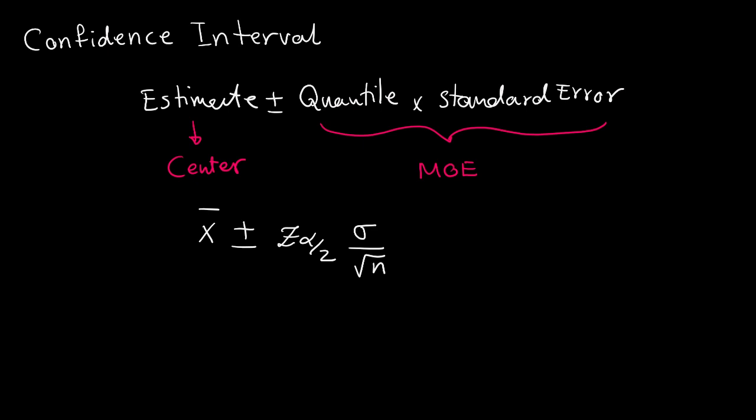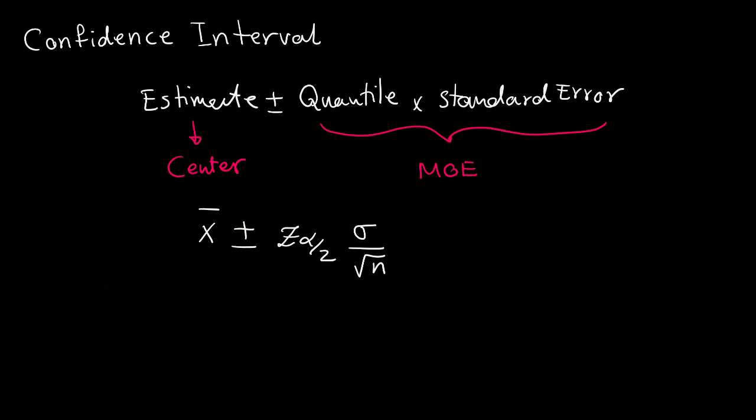So z of alpha half times standard deviation over square root of n is the margin of error, and x bar is the center, or the estimate for the mean, because we remember that x bar is the estimate of the population mean. So this is the sample mean.